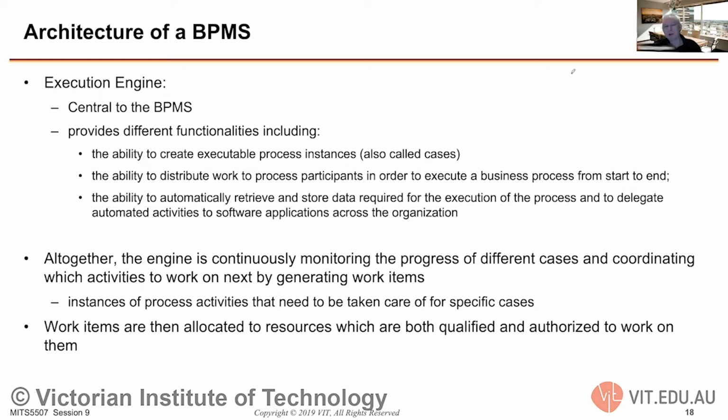Remember, we defined credit officers, we defined clerks, and then for each activity, we said which resource worked on which process. So when you authorize a resource to work on a specific activity, then one of the things that the execution engine will do is schedule workflow items to go to those resources.